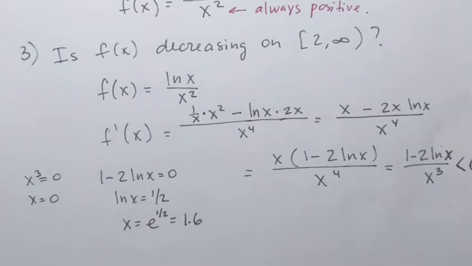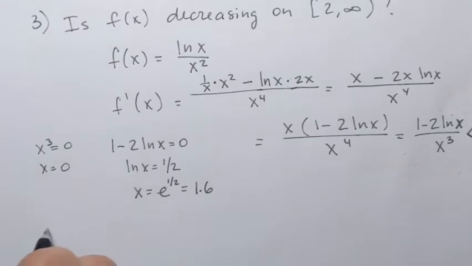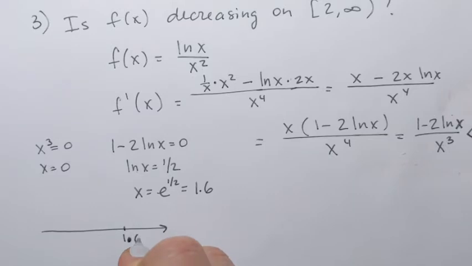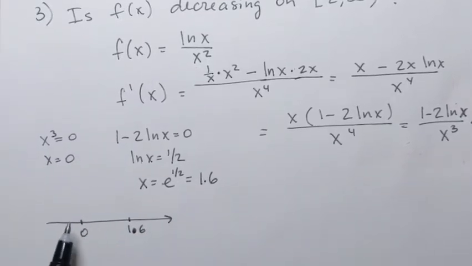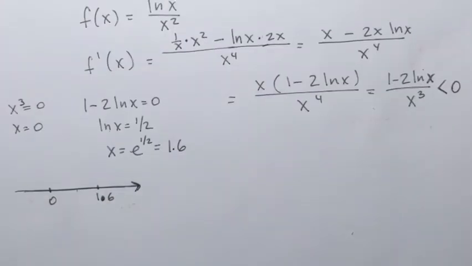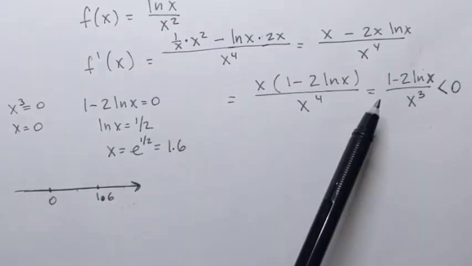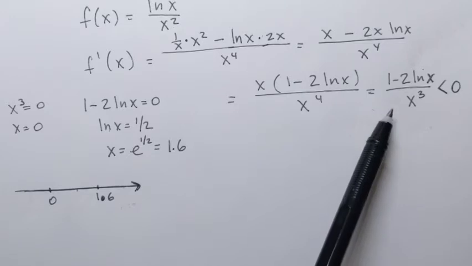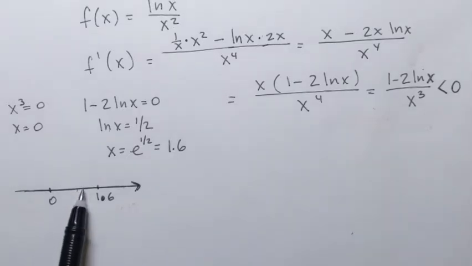So what we do next, we place those critical values, 1.6 and 0, on the number line, and we test each interval. I know that a function's sign, positive or negative, is consistent on each interval.